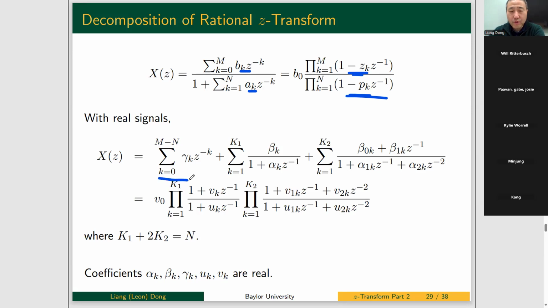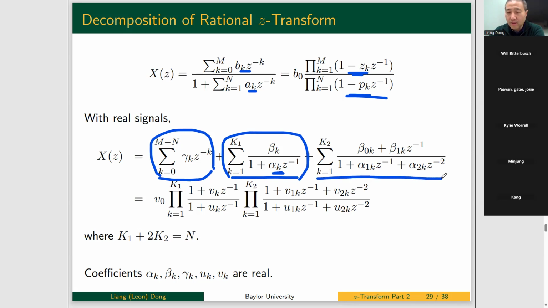So doing a long division, this is the first term. This part, doing the inverse Z transform is easy by observation. The second term here is a single real pole, and then I can put all these in this simpler format. Easy to do that inverse Z transform.